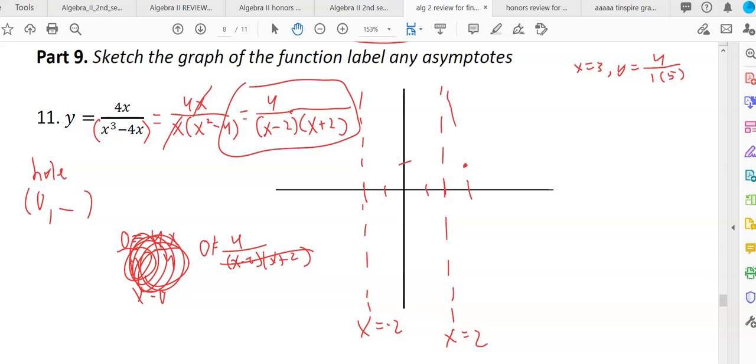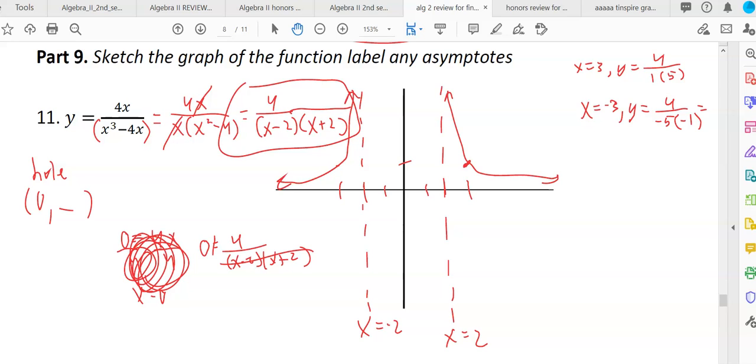So I know in this quadrant, it's kind of doing this. I'm going to plug in -3. And I really just want to see if that y is positive or negative. So y equals 4 over -5 times -1, which is positive 4/5. So again, it's kind of up here somewhere. So I've got my left-hand side.